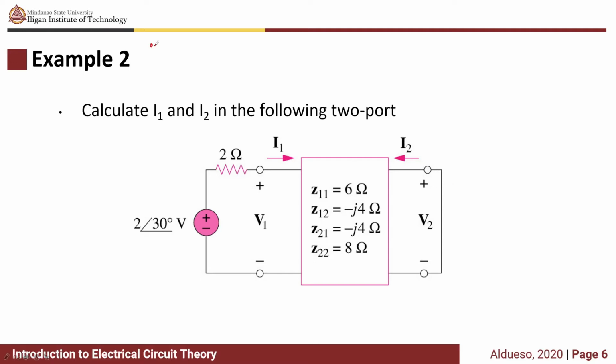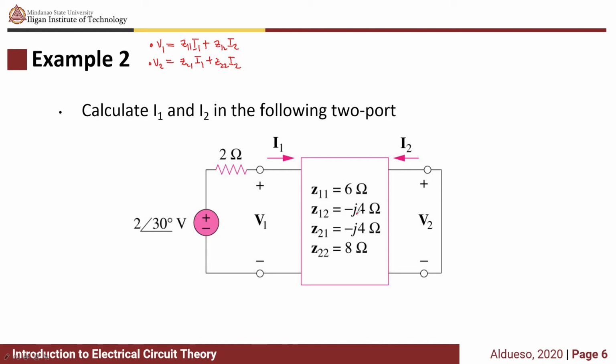Remember for our Z parameters, V1 is equal to Z11 I1 plus Z12 I2. Then our V2 is equal to Z21 I1 plus Z22 I2.